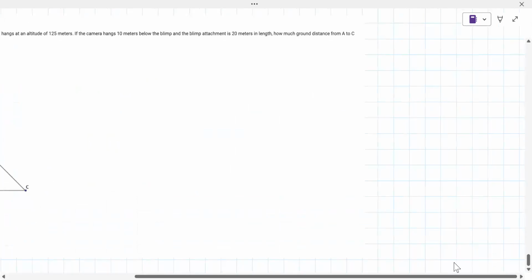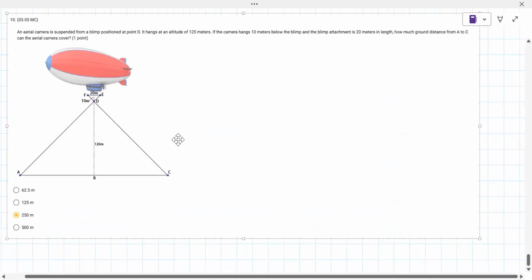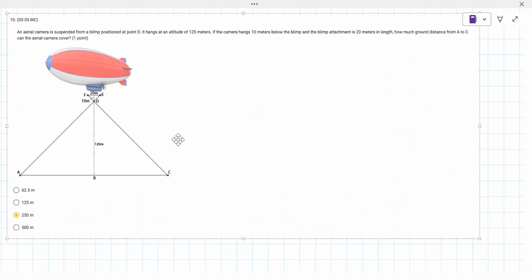It's really just a tiny bit smaller, so it'll fit on the notes. All right, an aerial camera is suspended, hangs at an altitude of 125 meters. The camera hangs 10 meters below the blimp. The blimp is attached 20 meters in length. How much ground distance from A to C can it cover?